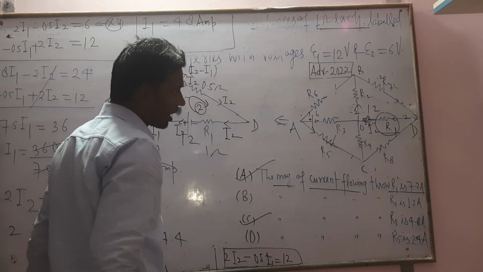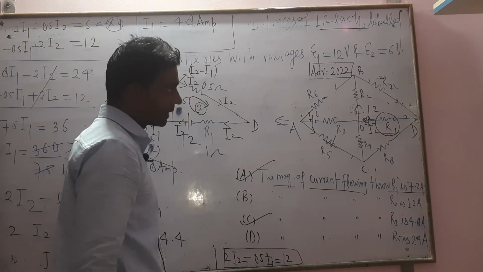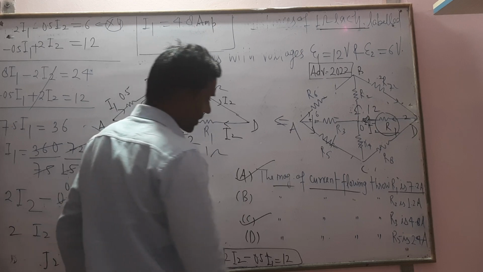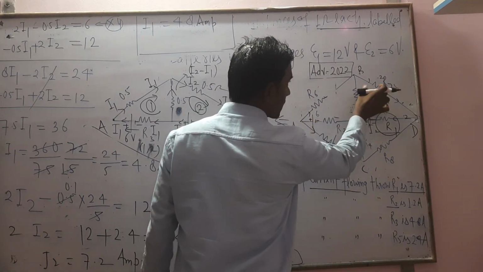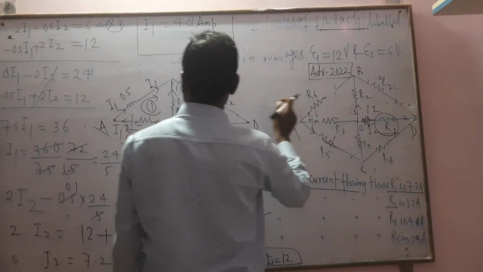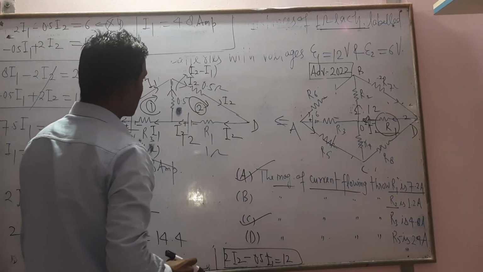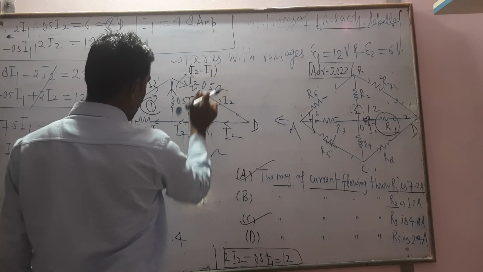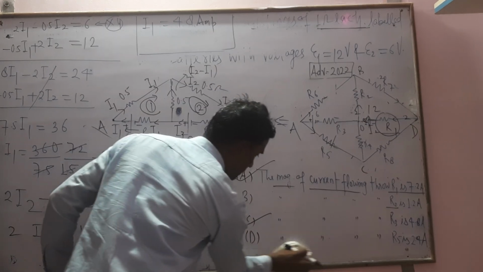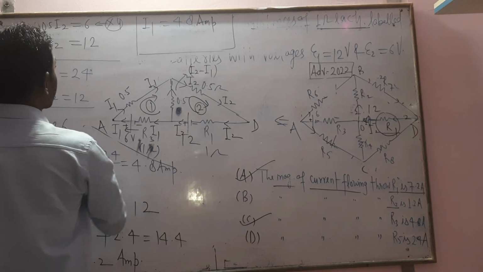And we are checking R2. According to R2, here the current flowing is I2 minus I1.